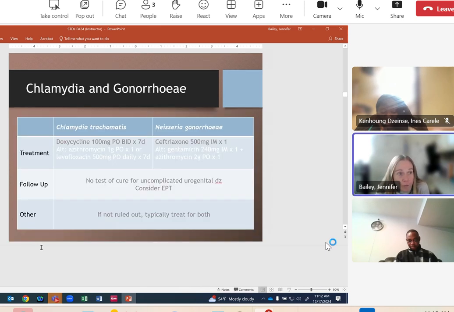And then when you get a result, you basically just apply the guideline algorithms. The treatment of choice for chlamydia is doxycycline. The treatment of choice for gonorrhea is intramuscular ceftriaxone.